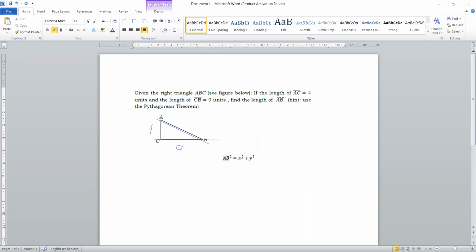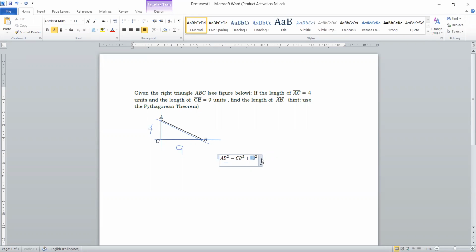So that's line segment CB. So you can write here x is equal to CB. And then y is your y in the Cartesian plane. That's the vertical line segment. So it's also equal to your AC. And then you can now solve for your AB.